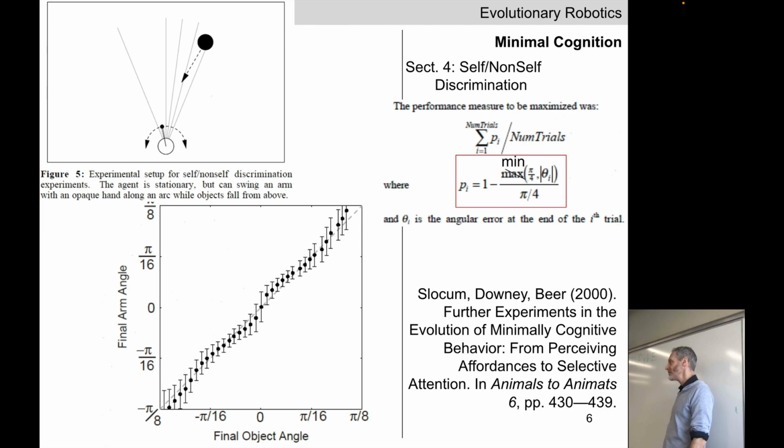Yeah? Pretty simple task. So where does the self, non-self discrimination part come in? You'll notice in this cartoon here, it's got this little circular hand. And like before, this robot has 1, 2, 3, 4, 5, 6, 7 gray beams, proximity sensors, emanating out from its body.